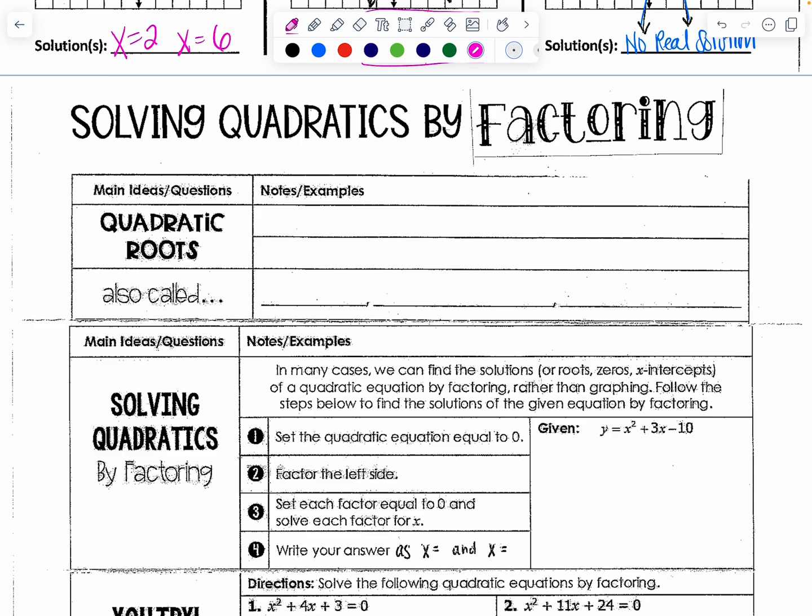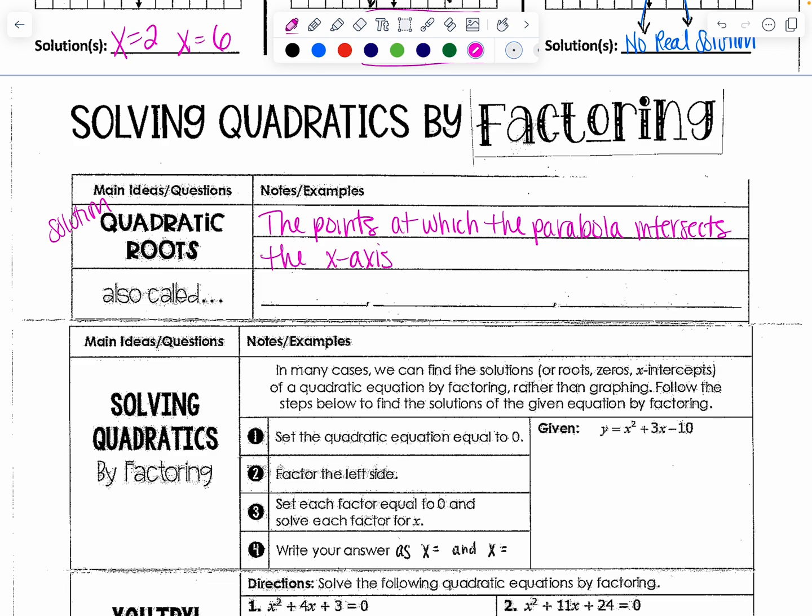So quadratic roots, which is the solution or the answer to a quadratic equation, is the points at which the parabola intersects the x-axis.